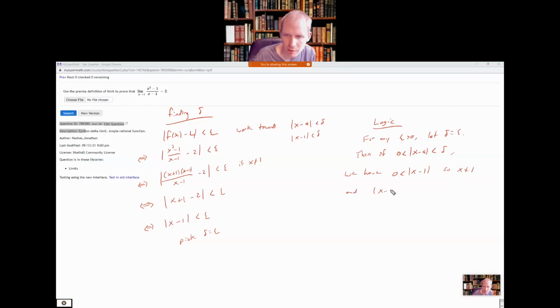And we have that |x minus 1| is less than delta, so |x minus 1| is less than epsilon. And if |x minus 1| is less than epsilon, I can just follow my train back up. So that tells me that |f(x) minus L| is less than epsilon because I have this extra piece now. So the limit as x approaches 1 of x squared minus 1 over x minus 1 is equal to 2.